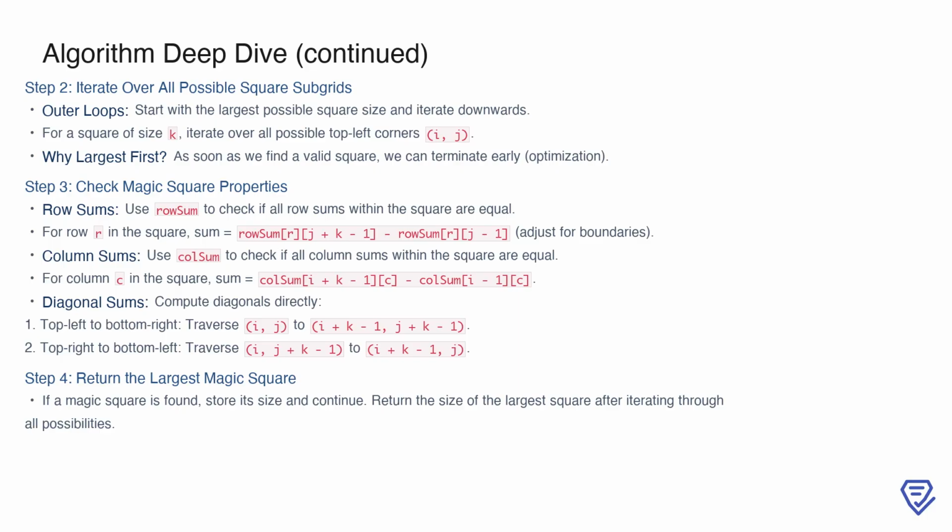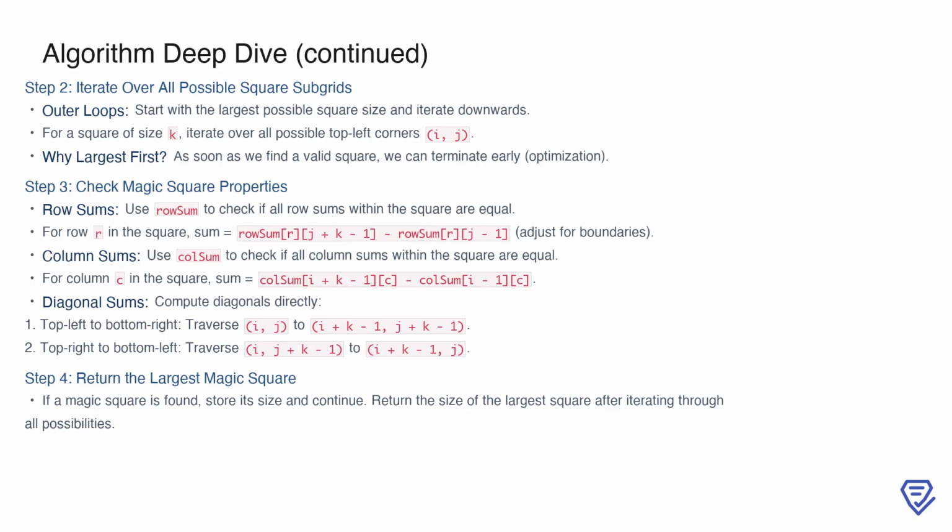Using the pre-computed rowSum array, we can check that all row sums within the square are equal. For any row r in the square, the sum can be computed efficiently using the difference of prefix sums. Similarly, we use the colSum array to verify that all column sums are equal. For any column c, the sum can also be derived using prefix sums.